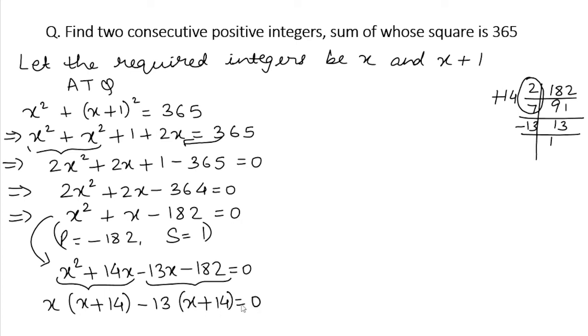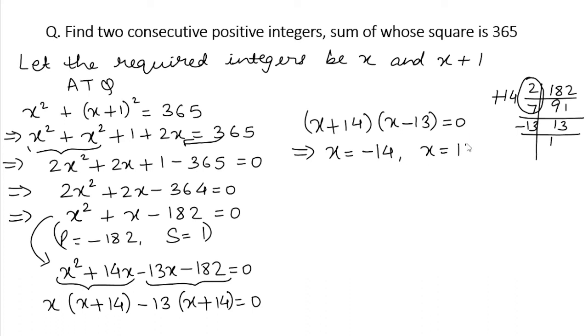That's equal to 0. Now further, we can take this x plus 14 common. So we will have x plus 14 and then x minus 13 is equal to 0. From here, we can conclude either x is minus 14 or x is 13, any one of these.